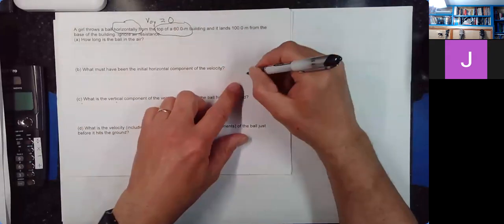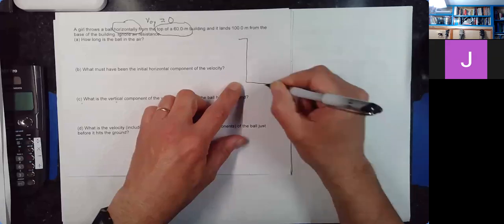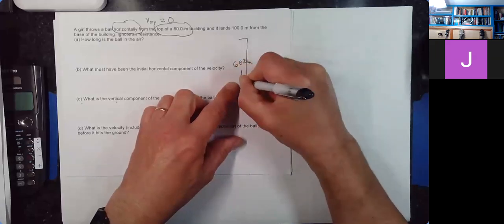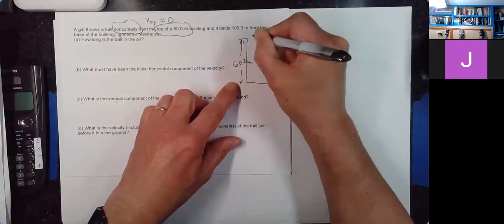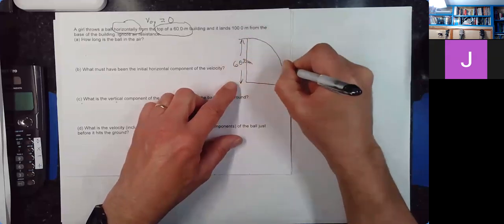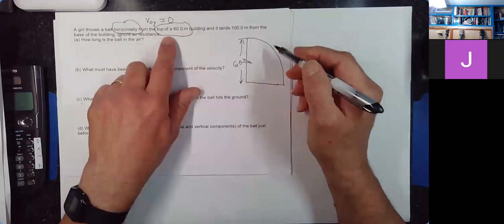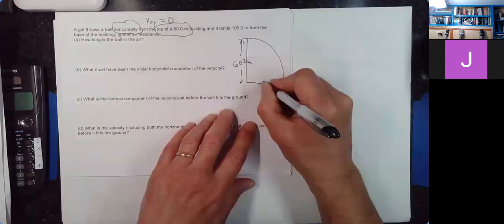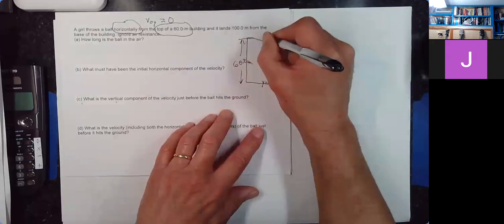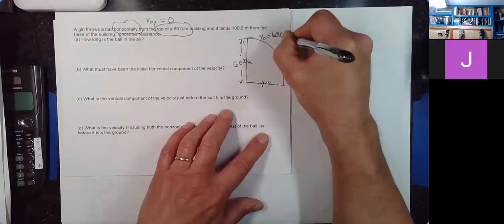So if we make a little sketch over here, 60.0 meters, that's where the ball's thrown from, and it's thrown horizontally, so it's going to come down like this. But y naught, we can say y is 0 at the ground, but that makes y naught equal to 60.0 meters.